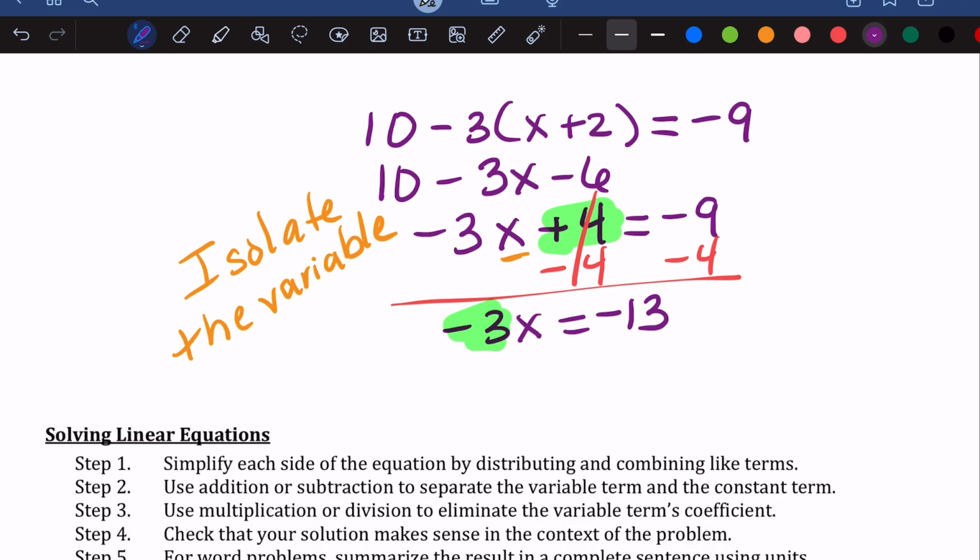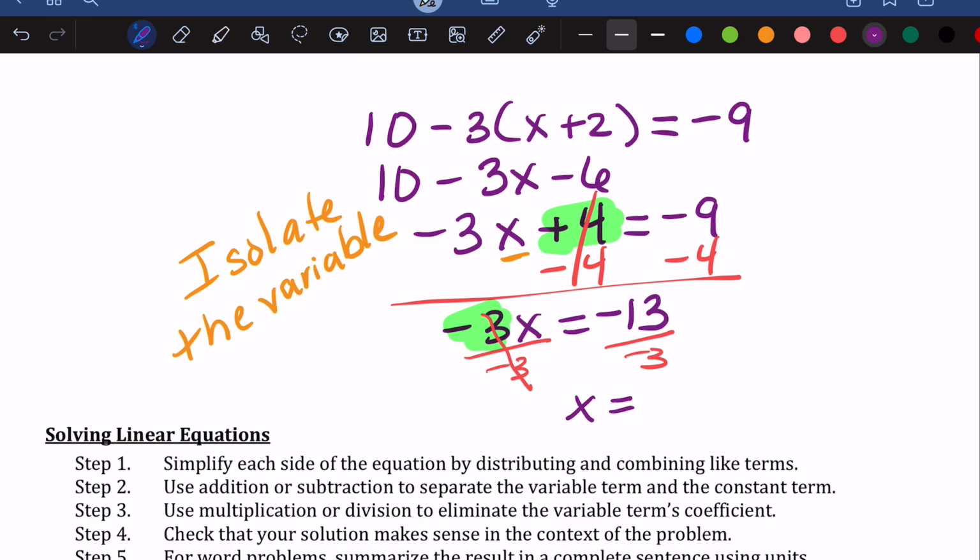In this case, we have a number there, and this number is being multiplied by our variable, negative 3 times x. And so the inverse of multiplication is division. So I'm going to divide both sides by negative 3, which will cancel out the original coefficient because negative 3 divided by negative 3 is 1.